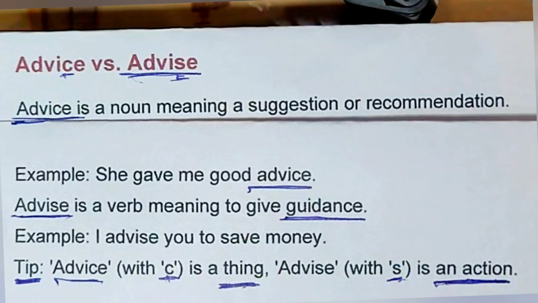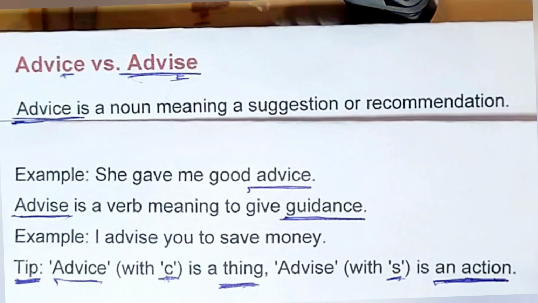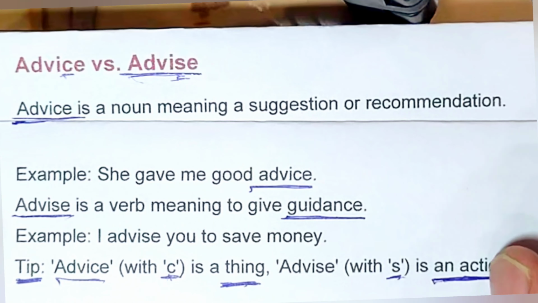It's easy to remember both words. Hopefully you get all this information from these two words. Hopefully you understand all these words in detail, and you can use them in future without an error.